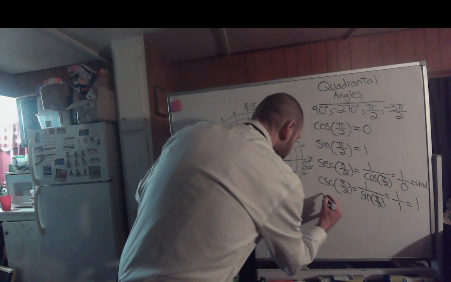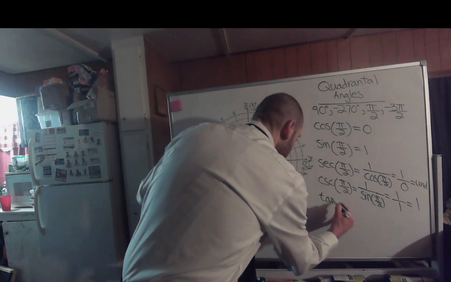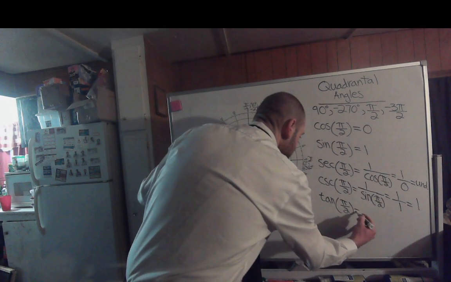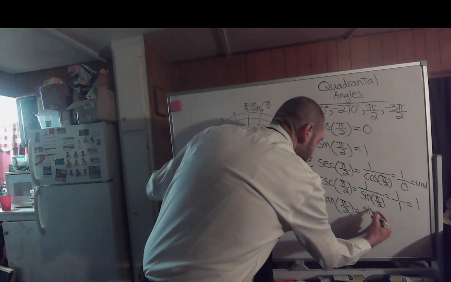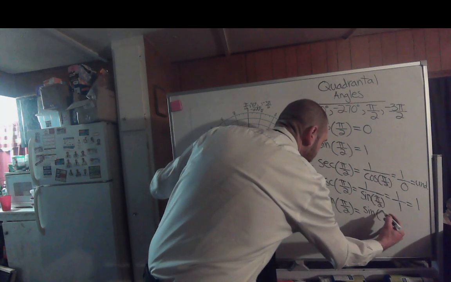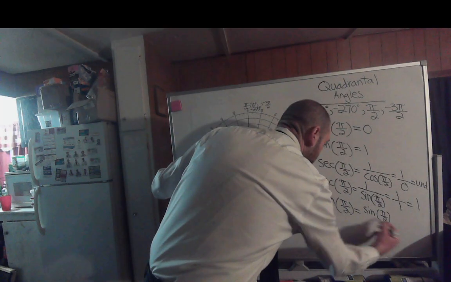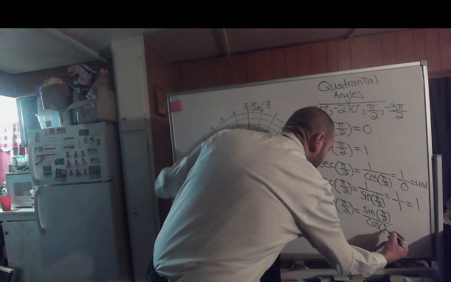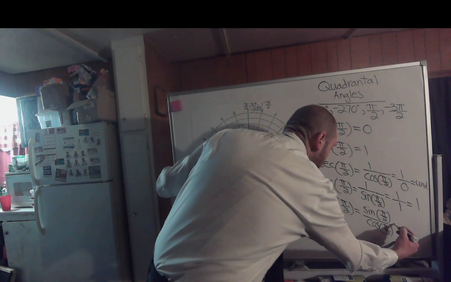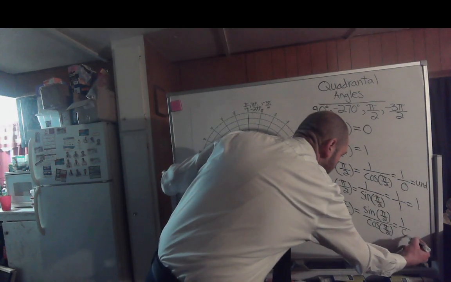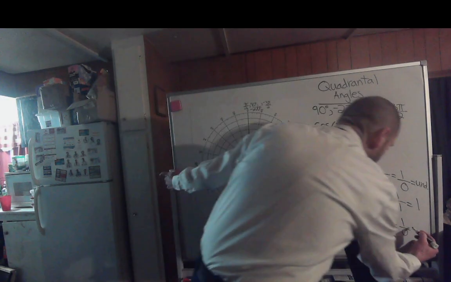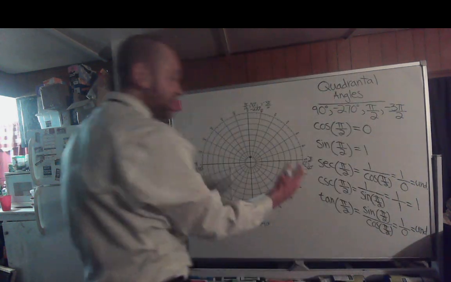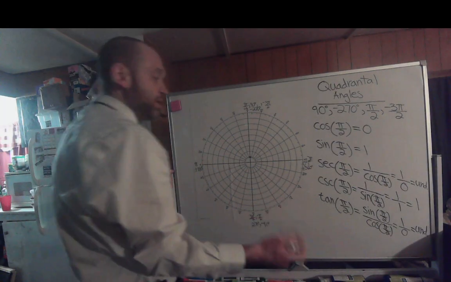Now we can look for the tangent of pi over 2. The tangent of pi over 2 is the exact same as the sine of pi over 2 divided by the cosine of pi over 2, which is going to give you 1 divided by 0, which means your tangent at pi over 2 is also undefined. So your secant and your tangent are undefined at pi over 2.